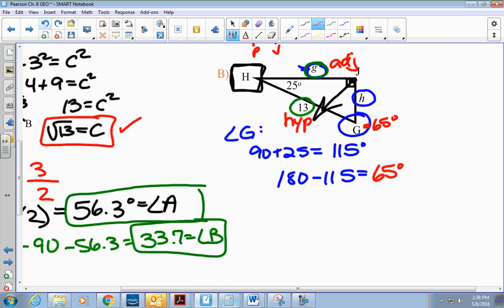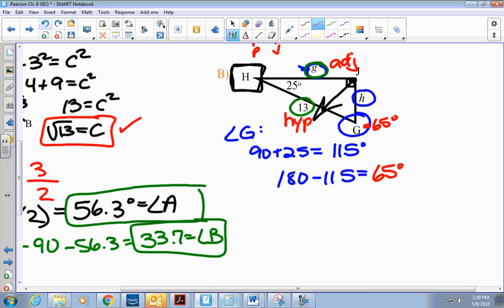All right, Jamie, you ready for this? This is the hard one. Okay. So we have the adjacent side and the hypotenuse. Which trigonometry, sine, cosine, or tangent, 1 in 3 chance, which trigonometry goes with adjacent and hypotenuse?